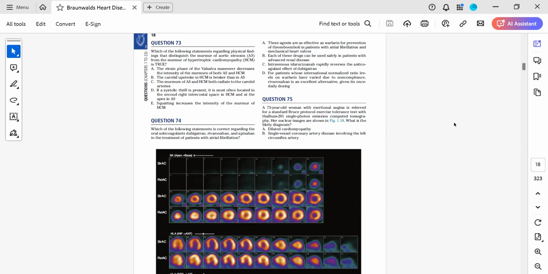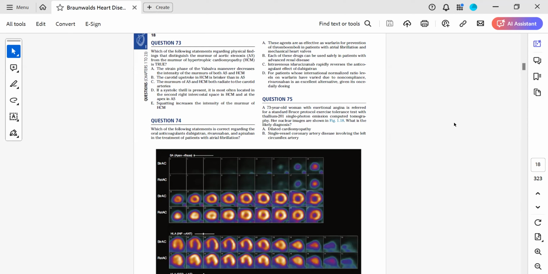Option D, if a systolic thrill is present, it is most often located in the second right intercostal space in HCM and at the apex in AS. I think that of HCM is in the left intercostal space. This is also false.